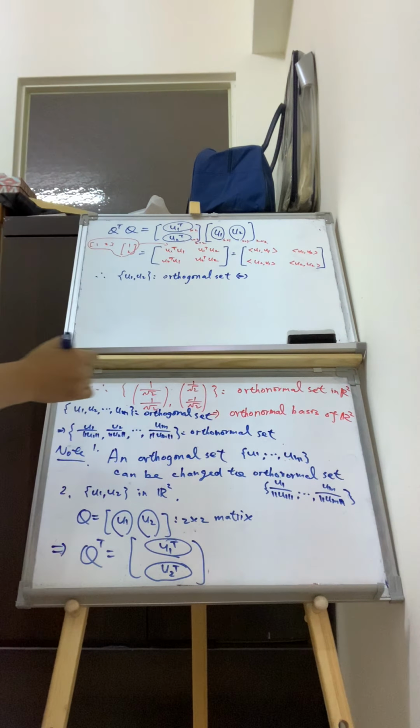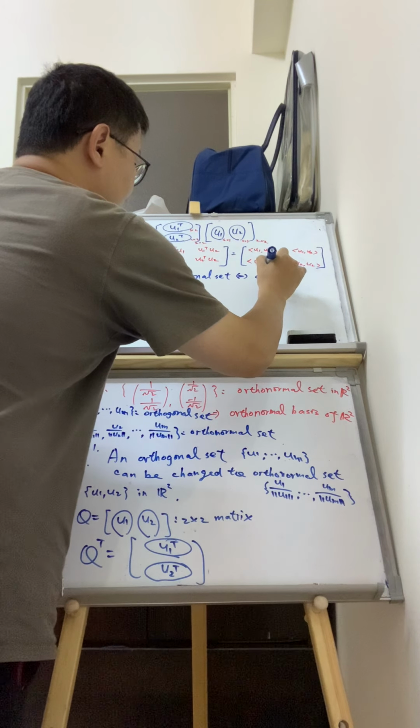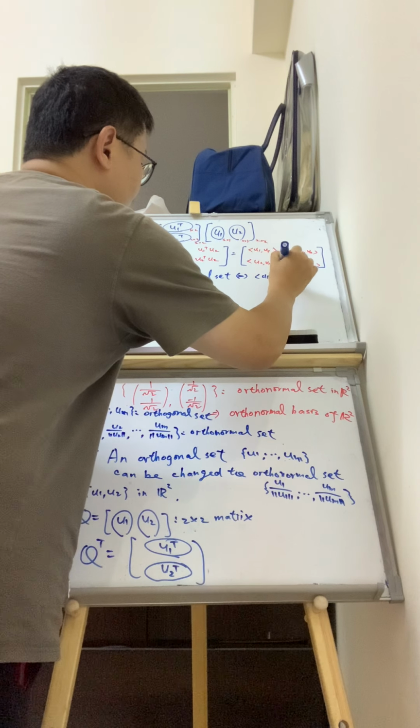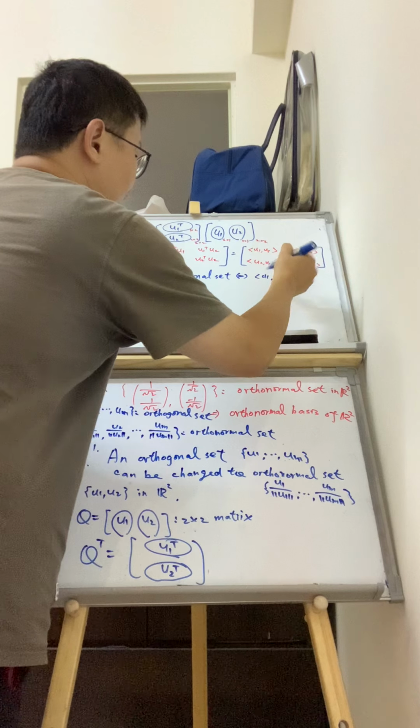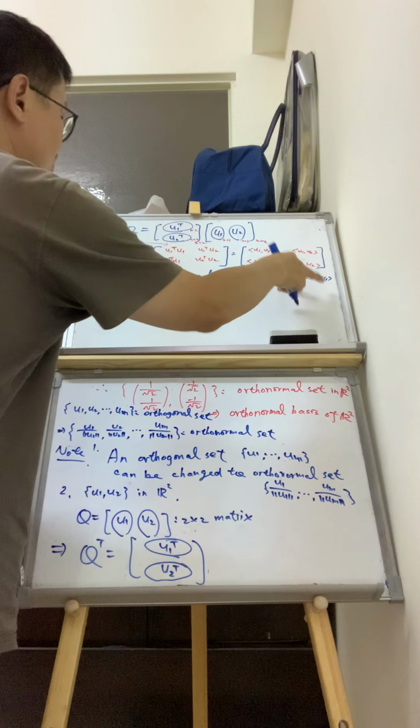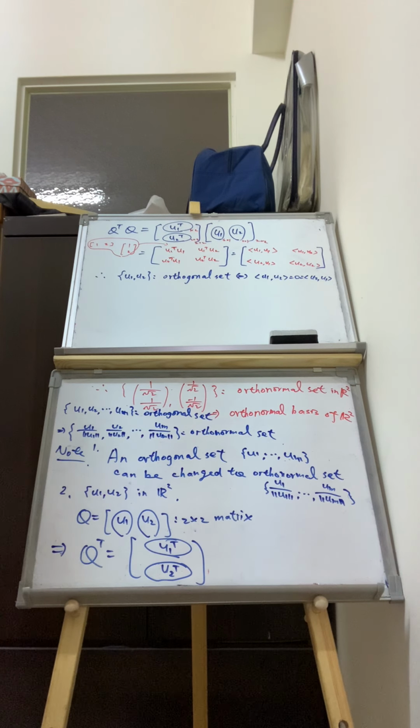Orthogonal means that Uij equals 0 if i is not equal to j. So it means that U1, U2 equals 0. But U2, U1 is the same, it's the same scalar.